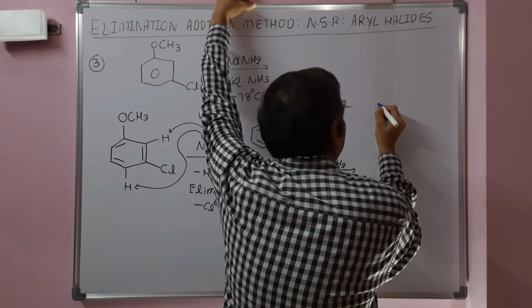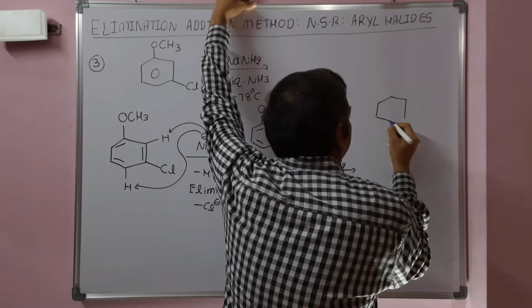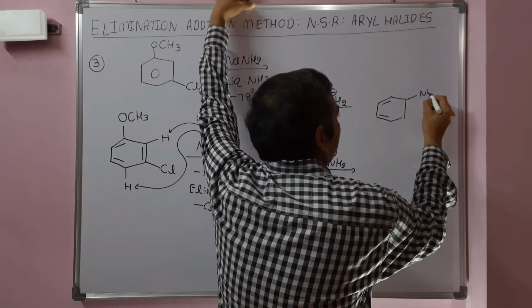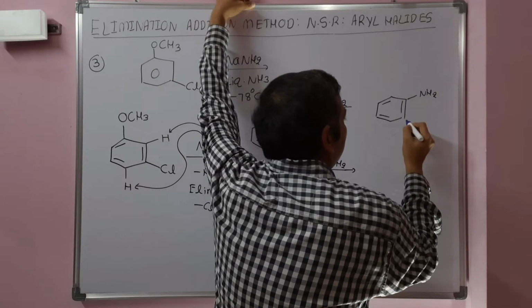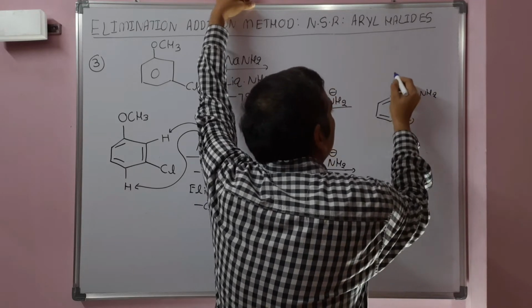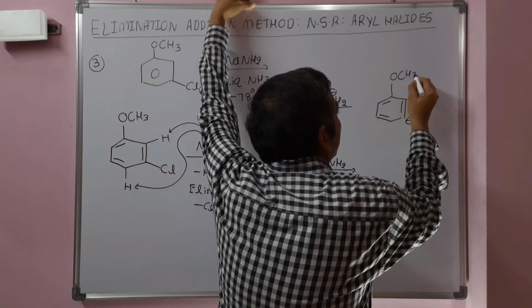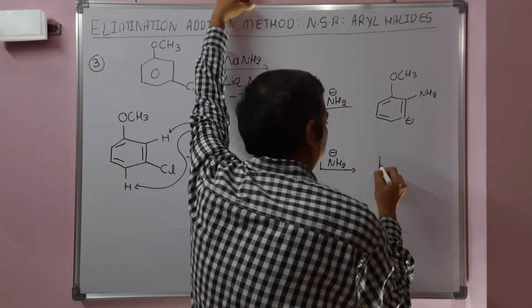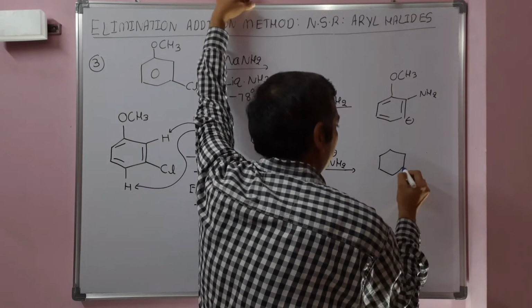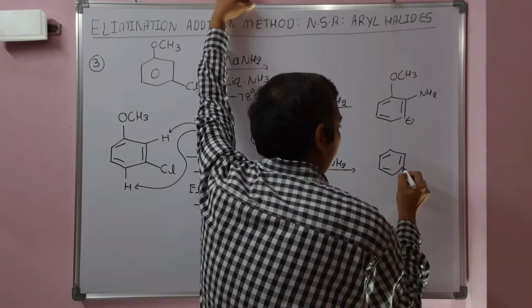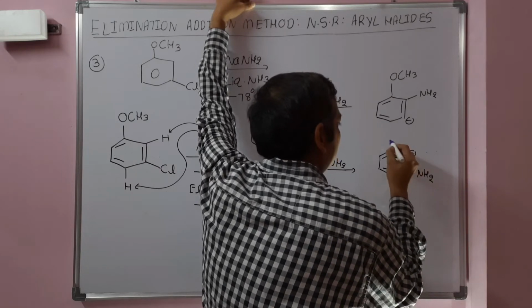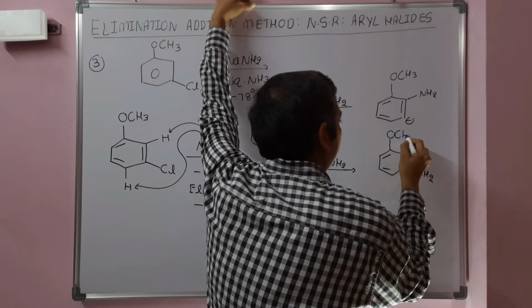See, first write the first possible product. Suppose NH2 minus attacks here, then the carbanion is at the meta position to the OCH3 group for this benzyne. If NH2 minus attacks at meta, then the carbanion is at ortho to the methoxy group.